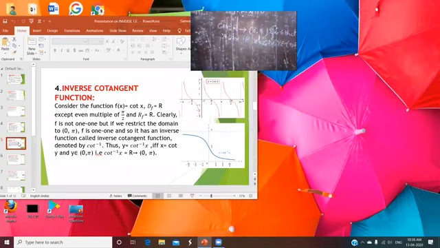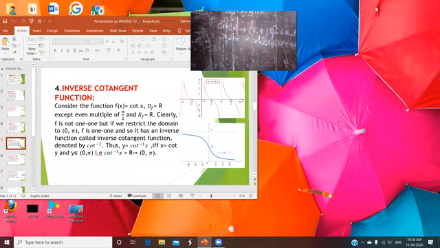So that 0 to pi is known as its principal branch. So you only have to learn the principal branch and the domain. That is the range, and here you have the domain of cot inverse x. So in this way, the cot inverse function is defined.